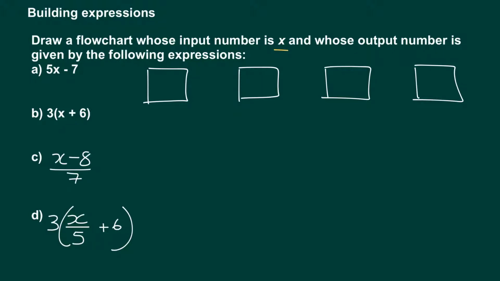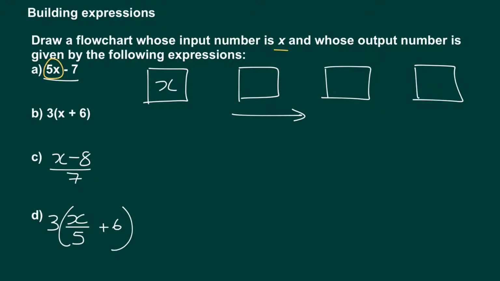So the very first thing is our input number is obviously x. So then we need to work our way down to the right hand side going this way to find the output number, which is given by 5x minus 7. So the very first step in this expression, guys, is to find 5x, as that is the closest thing to x at the moment.